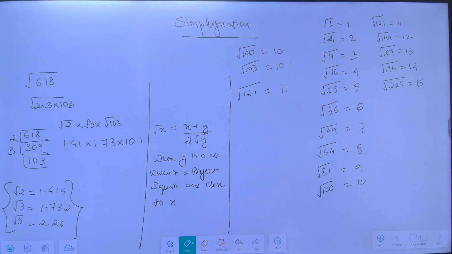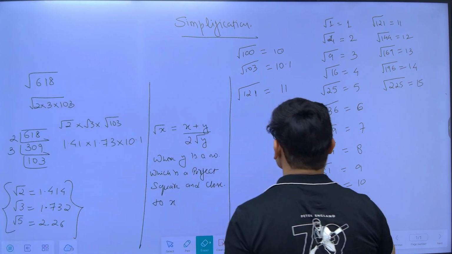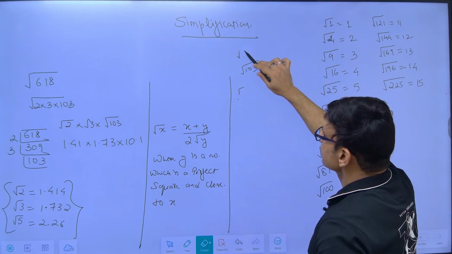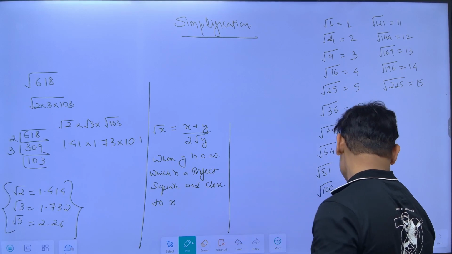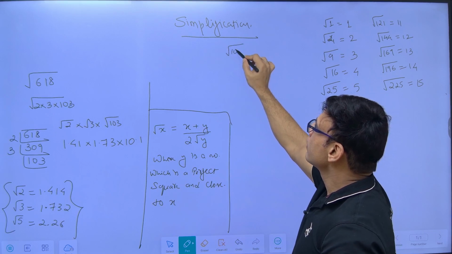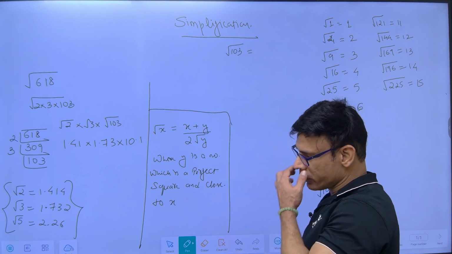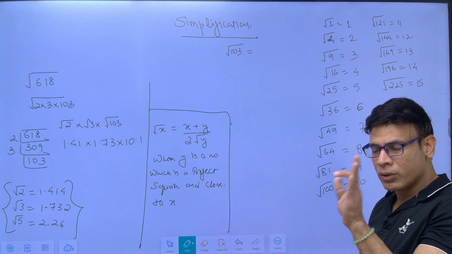Now I'll tell you if you have to find out the value of under root of 103. Is 103 a perfect square? No. So you have to find out the closest number.